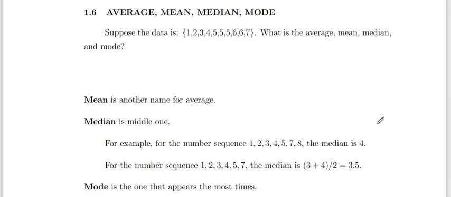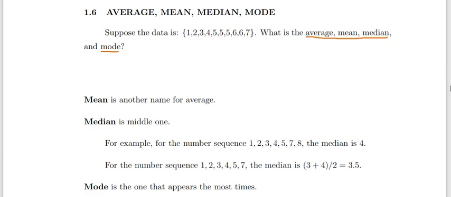Okay, so if we have many numbers, we have those notations: average, or mean, or median, mode. Those things just come from statistics. If we have those data, those numbers, what is the average? What is the mean?